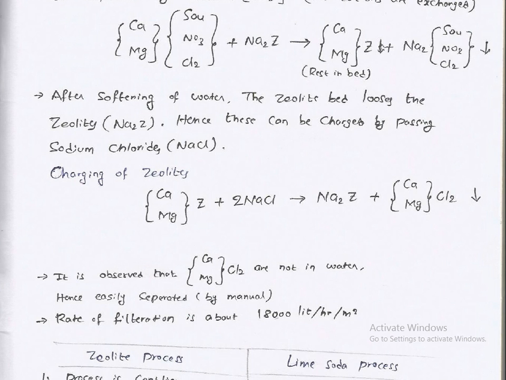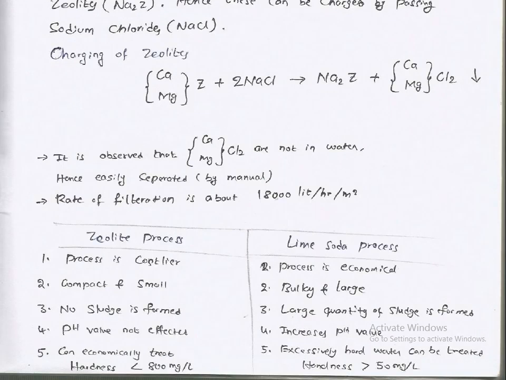In zeolite, pH value is not affected; the lime soda process increases pH value. Lime soda can economically treat excessively hard water. In zeolite, hardness is less than 300 milligrams per liter, whereas in lime soda, hardness is greater than 50 milligrams per liter.